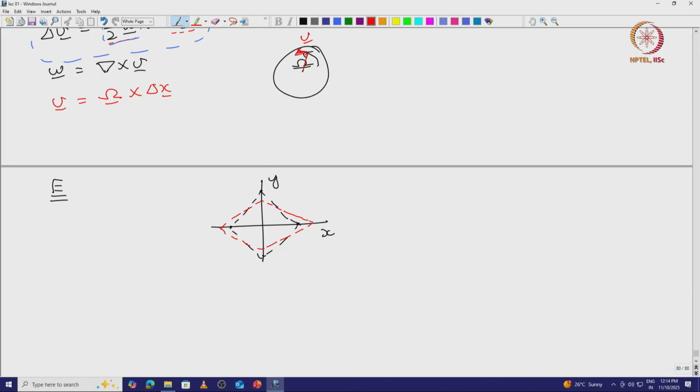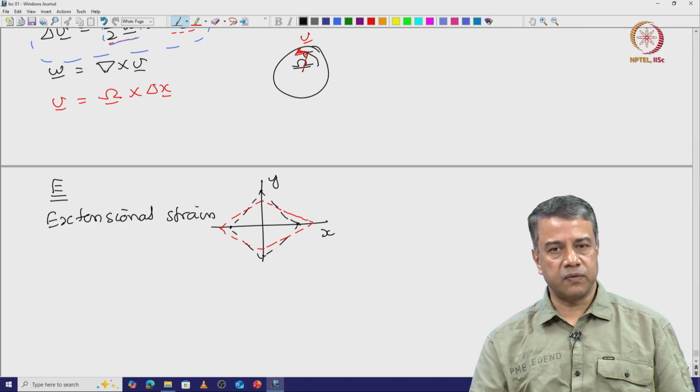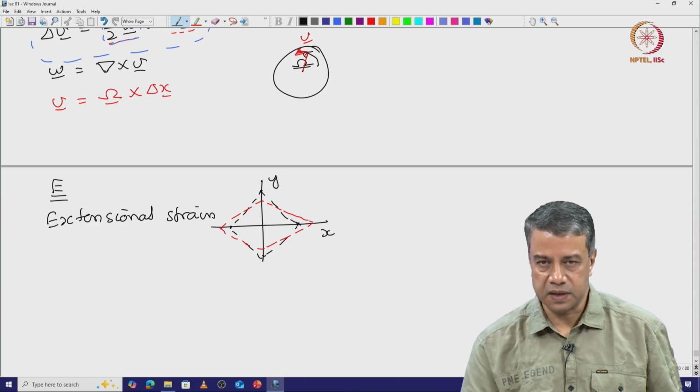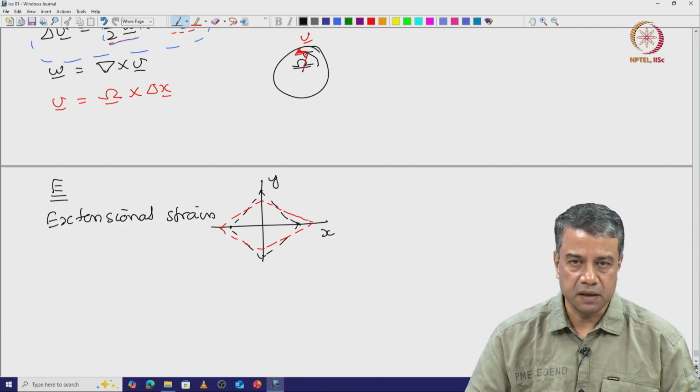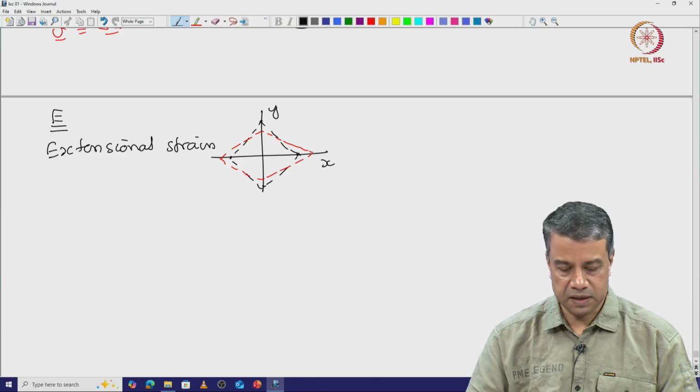This is what is called extensional strain. So, I divided the rate of deformation tensor into three components: one is the expansional, one is the solid body rotation, and the other is the extensional strain.